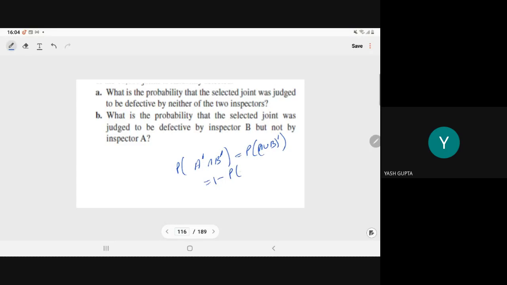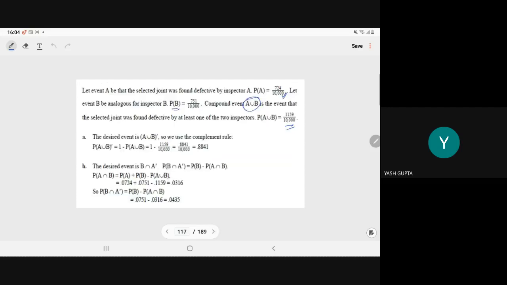Here we have the information, 1159 upon 10,000. So 1 minus 1159 upon 10,000 will give you the required probability.